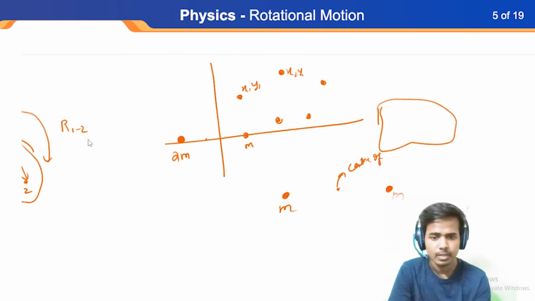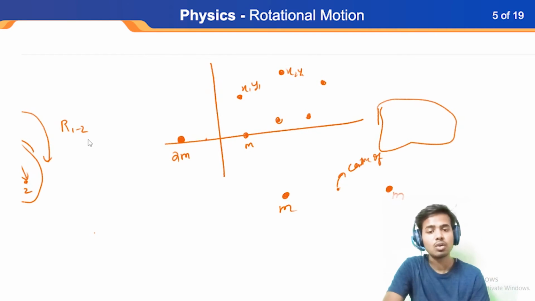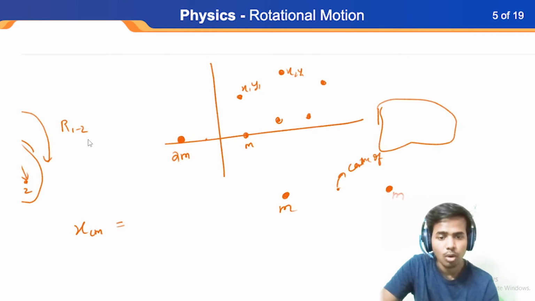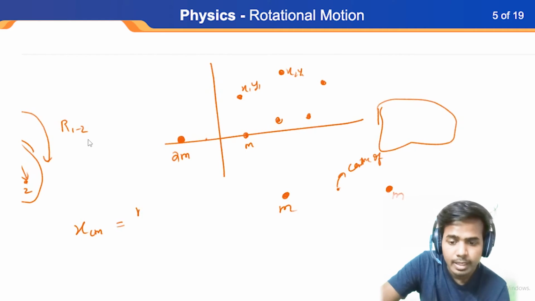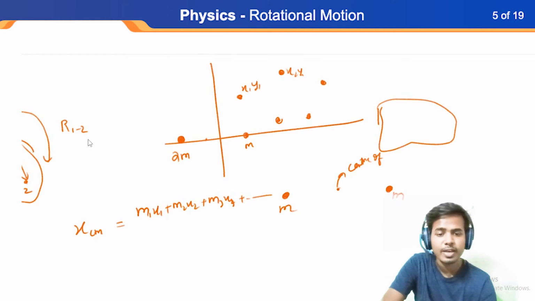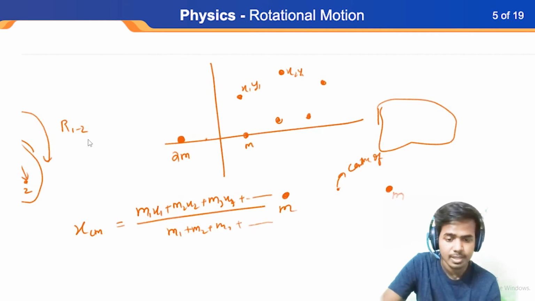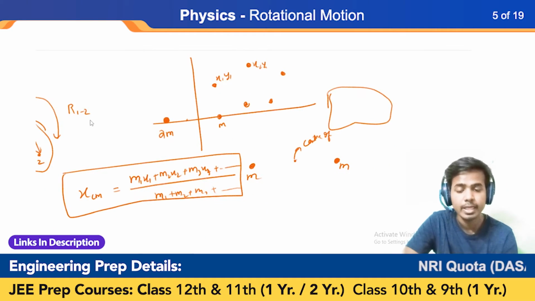If you want to find the x coordinate of the center of mass, then x center of mass is equal to m1 x1 plus m2 x2 plus m3 x3, and so on in the same fashion for all the particles, divided by m1 plus m2 plus m3 plus all the masses. This is the formula for calculating the center of mass of any body in any axis.